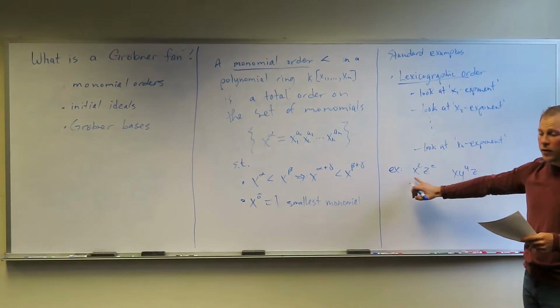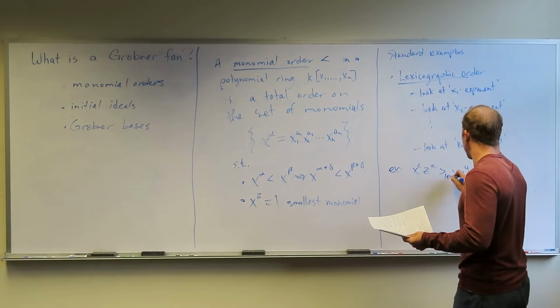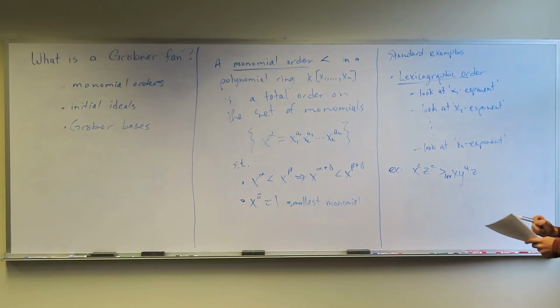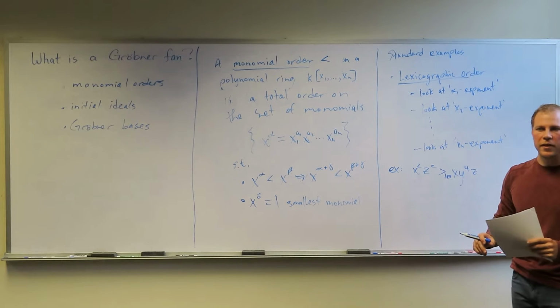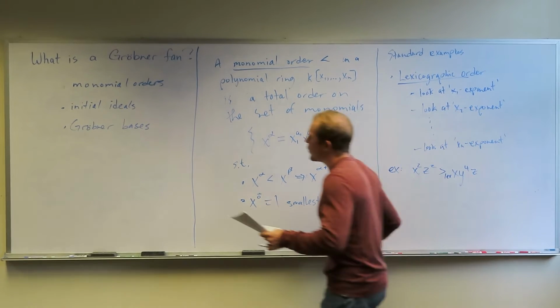Here I have a 2, here I have a 1, that's all I need to do. And so this is bigger by the lex order. I don't even care about the y's and z's here because I didn't have a tie.